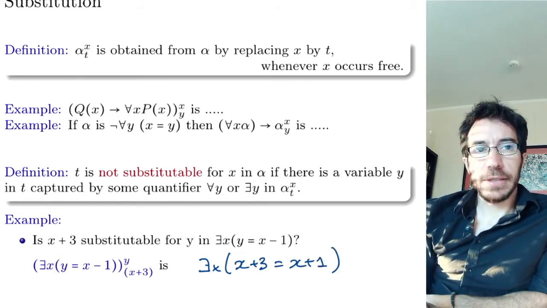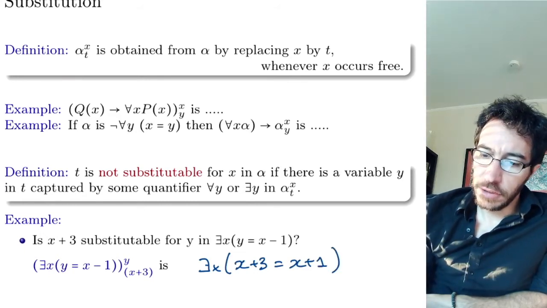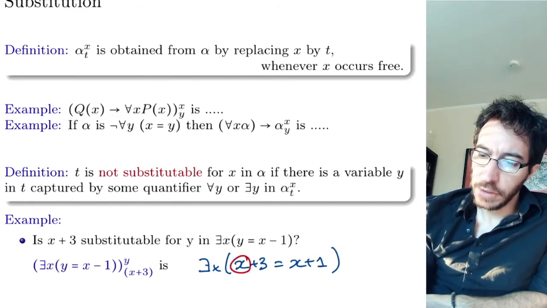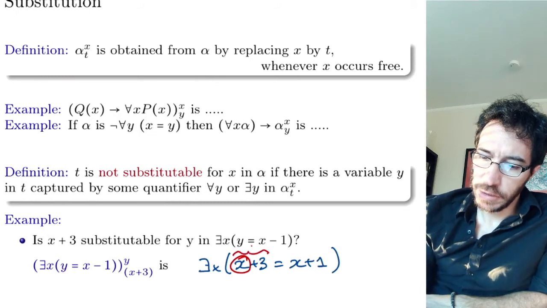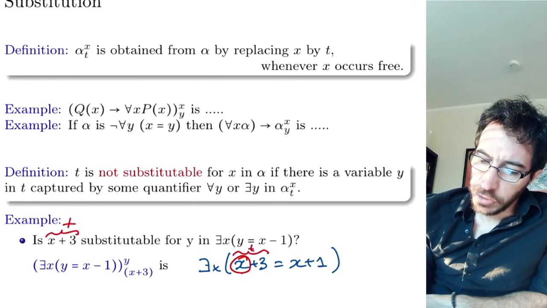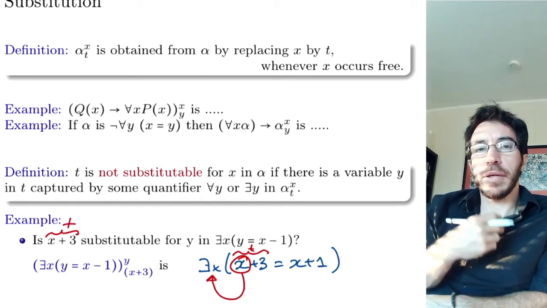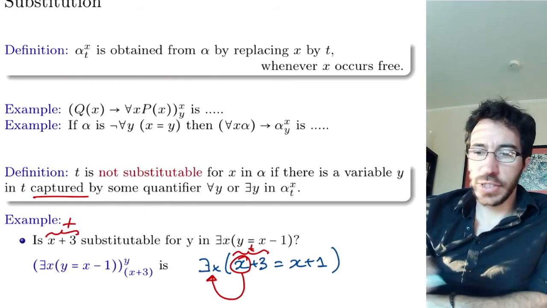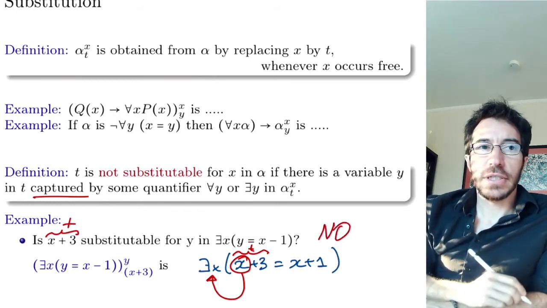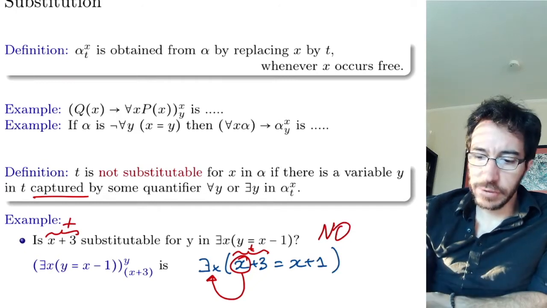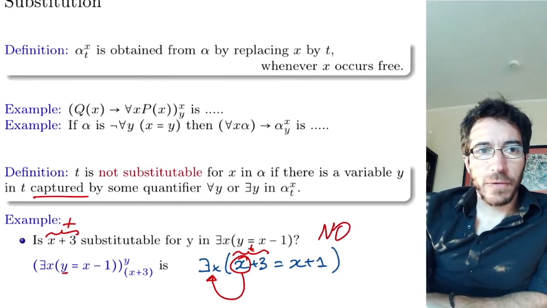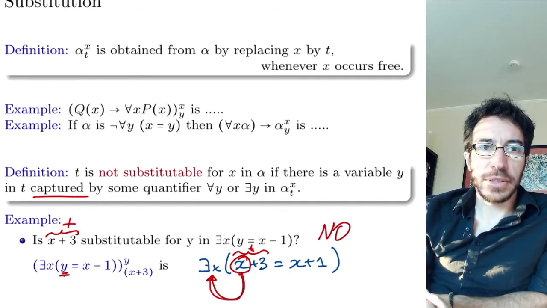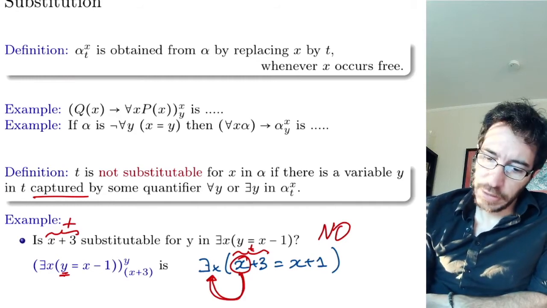Right? So now this variable here that was part of t, here is t, became bounded by this quantifier, became captured by that quantifier. So the answer is no. This is not substitutable because we input a variable in place of y, which was free. While the y was free here, now it has something inside that is bounded, so it's not good. Right?